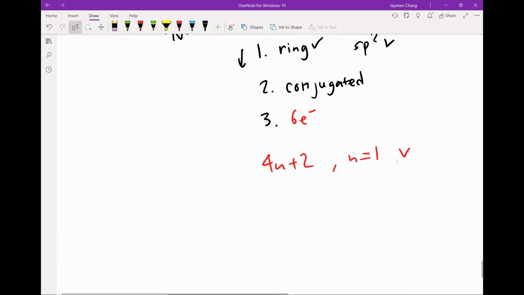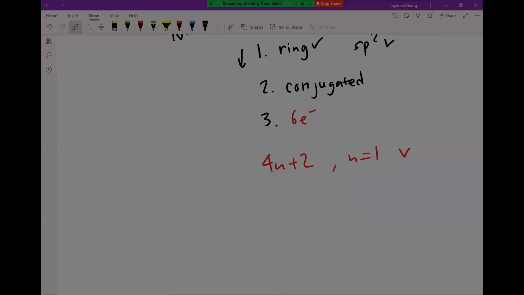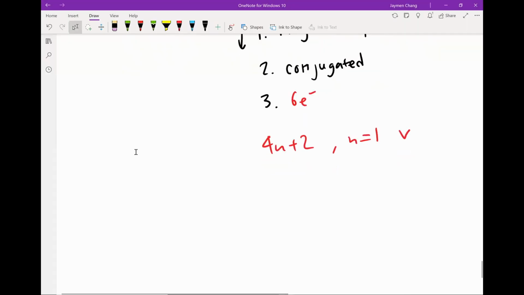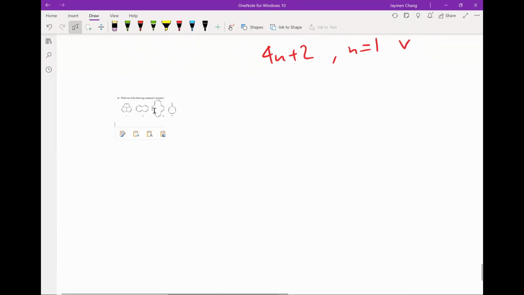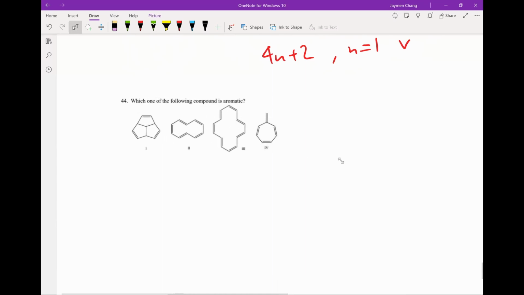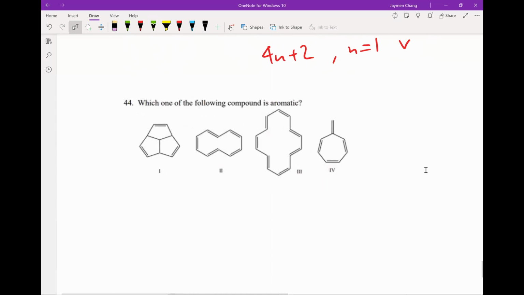Okay, we're going to go through a sort of weird example here and see something important. Right off the bat, we'll look at the first one. These bonds are not conjugated, right? Because there is something in the way, so the double bonds are not adjacent.